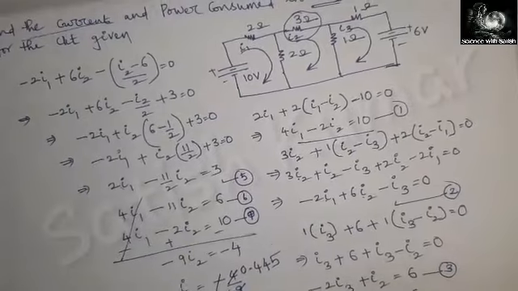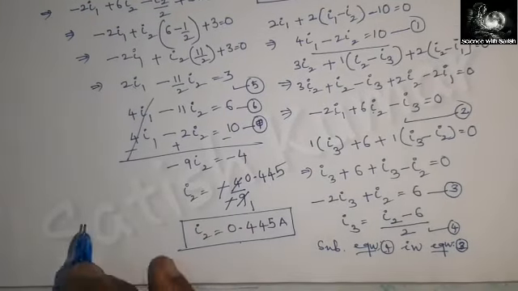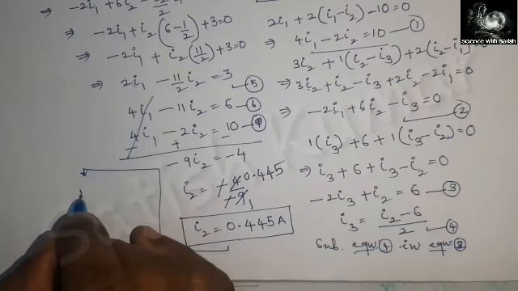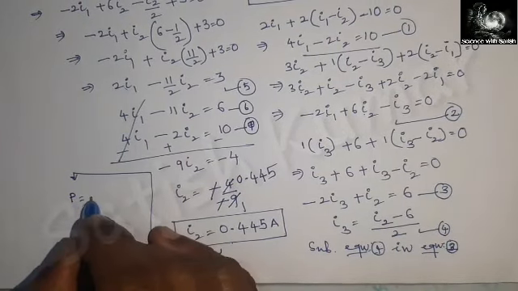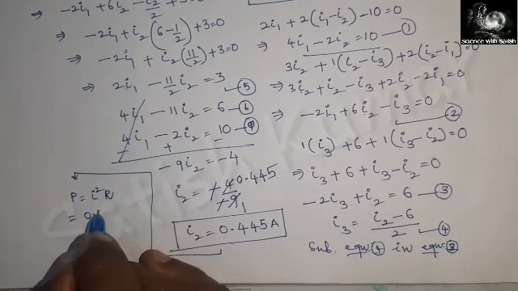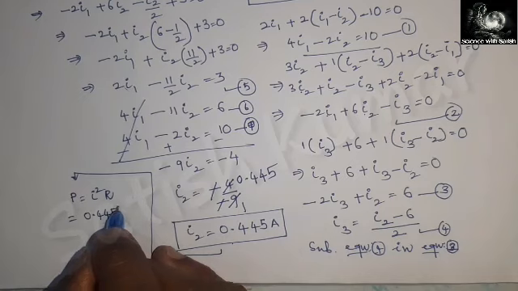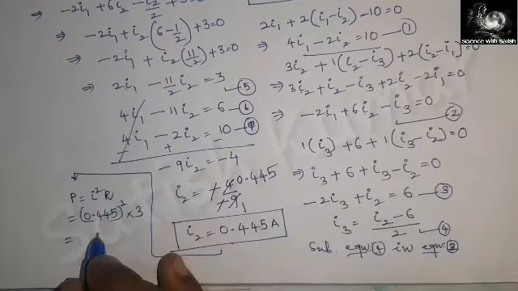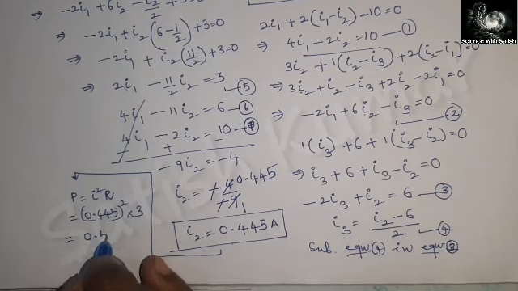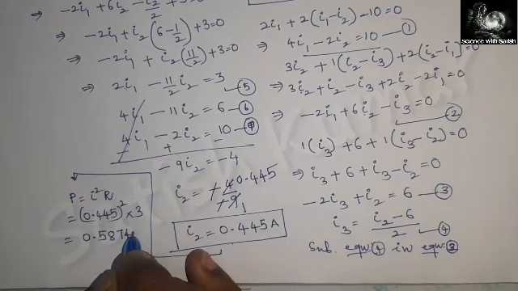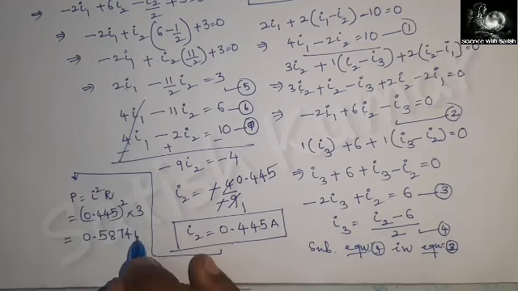Now we have another question, that is find the power. So power is equal to I square R, is equal to 0.445 square into R is 3, and the answer is 0.5874 watts.